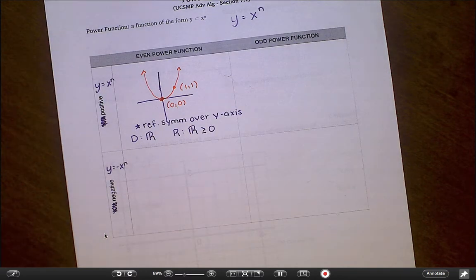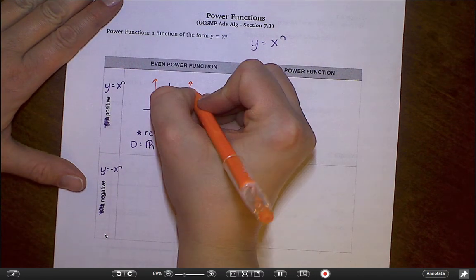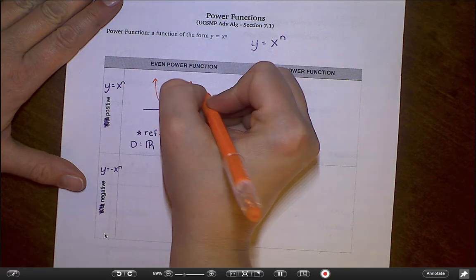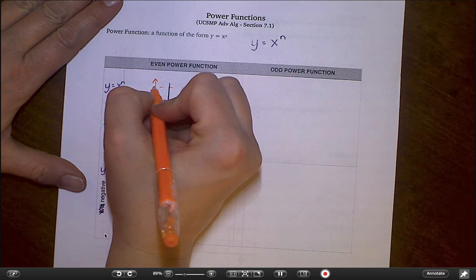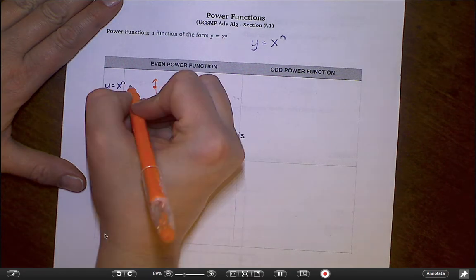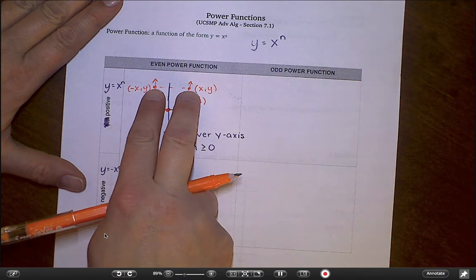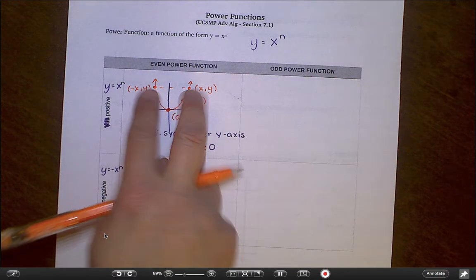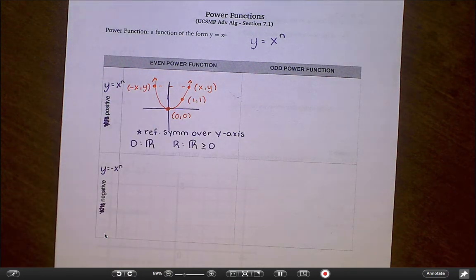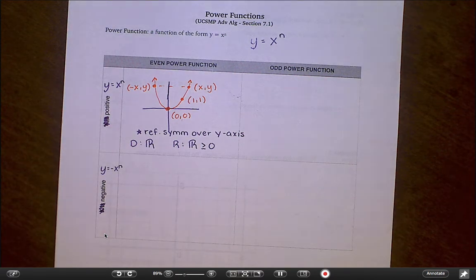And the reason that symmetry is important is if I pick any point on the graph, so if I pick this point right here, and let's just call it x comma y, I know that I can go straight across to the other side and find the point negative x comma y. That symmetry tells me that I'm always going to have like twins. I'm always going to have pairs of points that correspond, one with a positive x and one with a negative x. But every point will have kind of a partner that lies on the other side of that line. Okay.